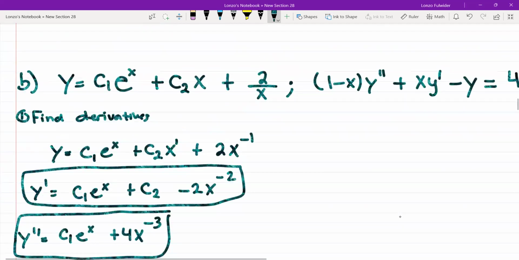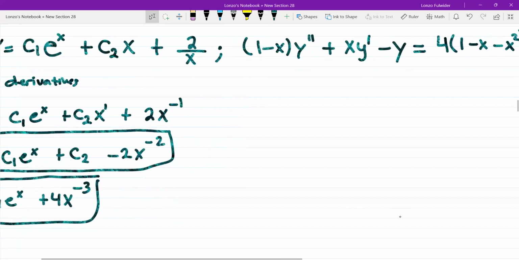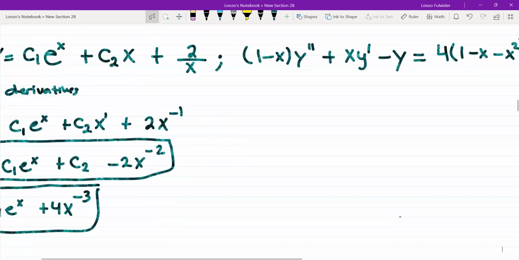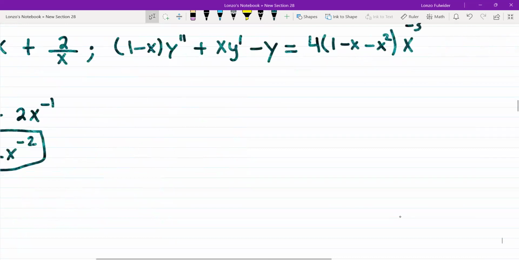So now if you look at our problem, we have 1 minus x times y double prime plus xy prime minus y equals 4, all that. So we have everything we need. We just have to plug it in.